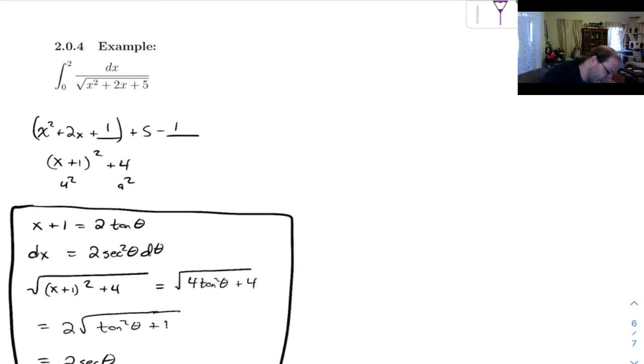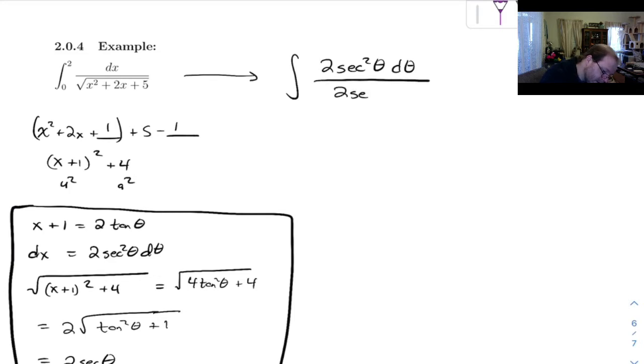And now let's rewrite the integral. Let's see, dx becomes 2 secant squared theta d theta. And on the bottom, the radical turns into 2 secant theta. I'm not going to worry about my endpoints for the moment. I'm going to cancel stuff, and I'm left with the integral of secant theta d theta.